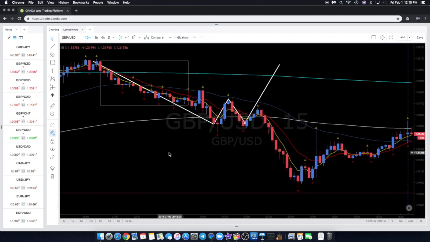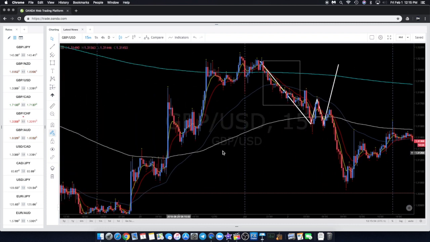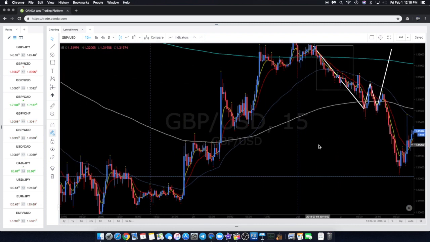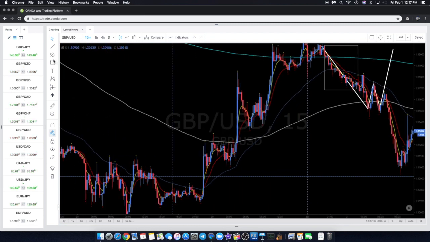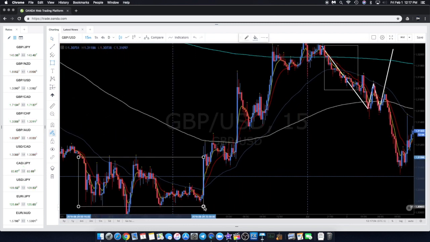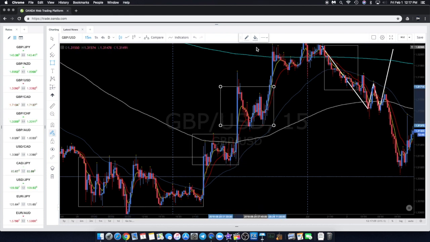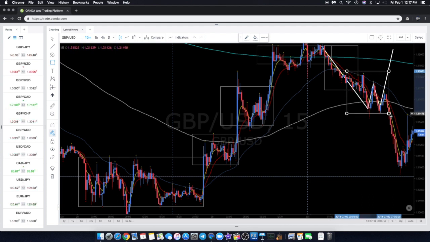So if you just look to the left, you can see what happened, okay? If you see, we're coming off of a cycle itself, right? So here's level 3, here's level 1, level 2, and then again level 3. So if you just look to the left and you can see this, you know this consolidation here is level 1.